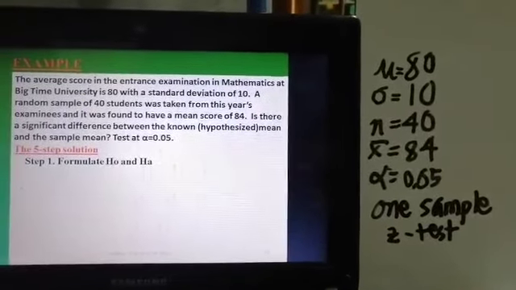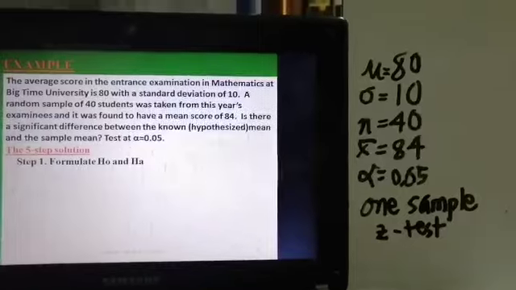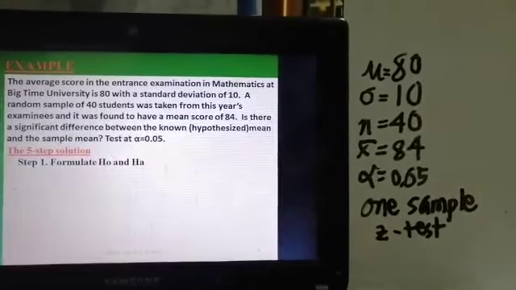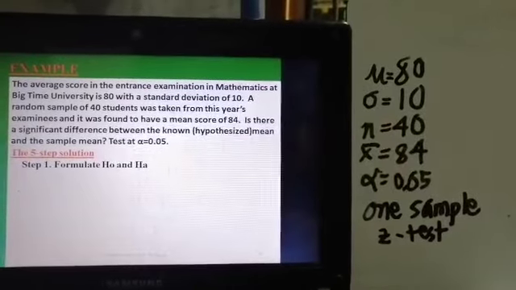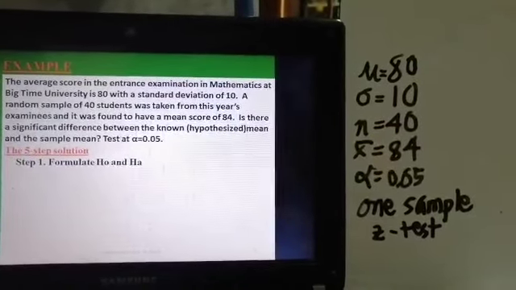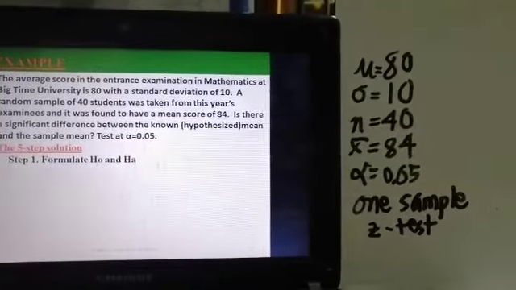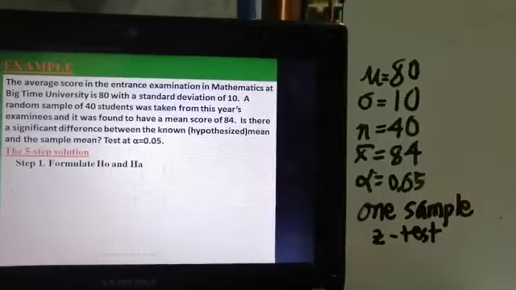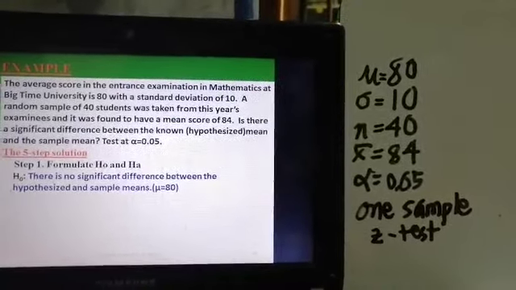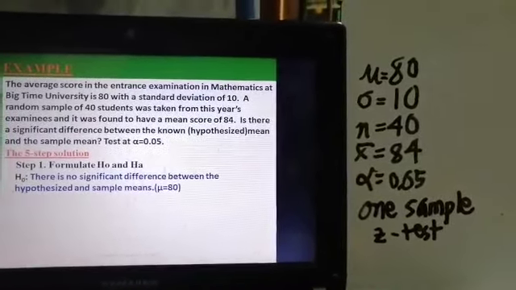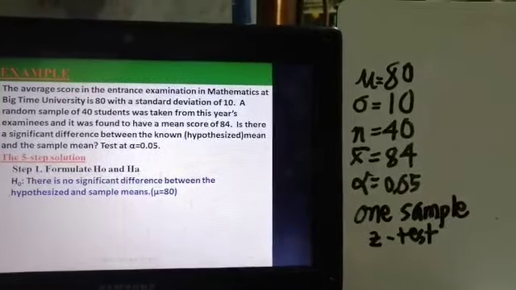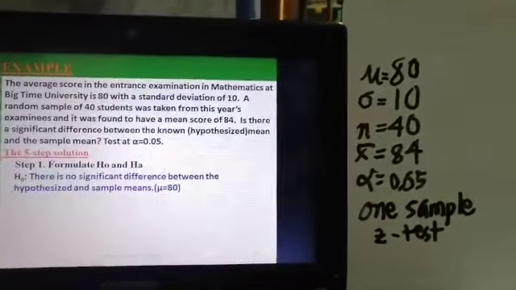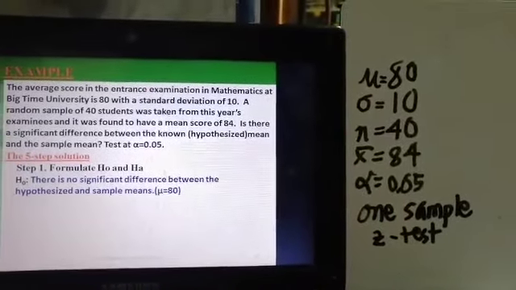Is there a claim that the mean of today's batch is greater than the mean of past batches of examinees? None. So, for our null hypothesis, we just say there is no significant difference between the hypothesized mean and the sample mean. In symbols, we write that as mu is equal to 80.